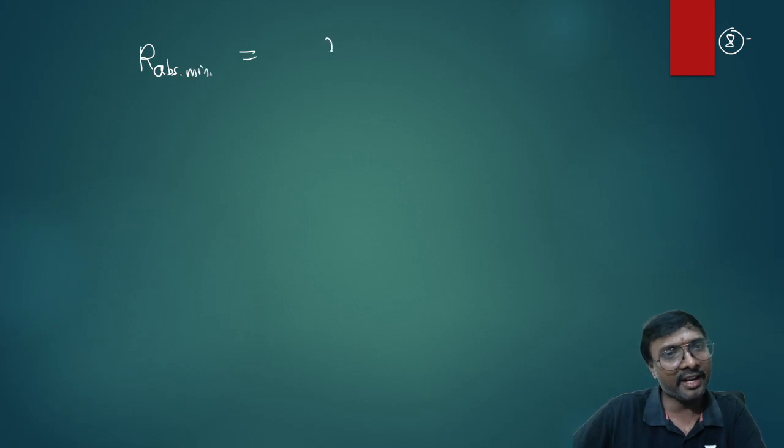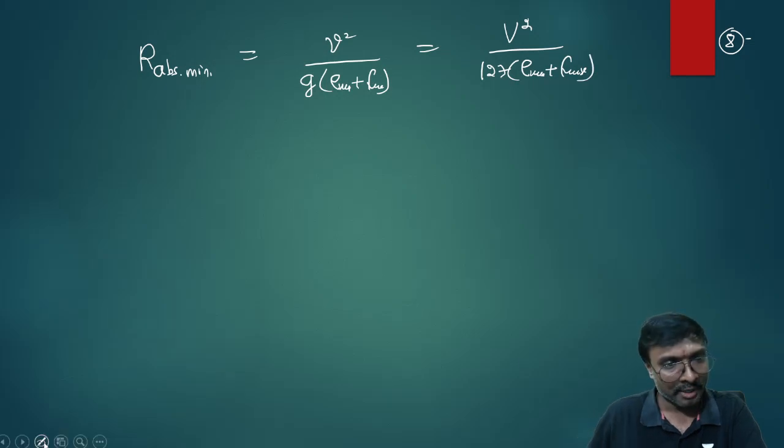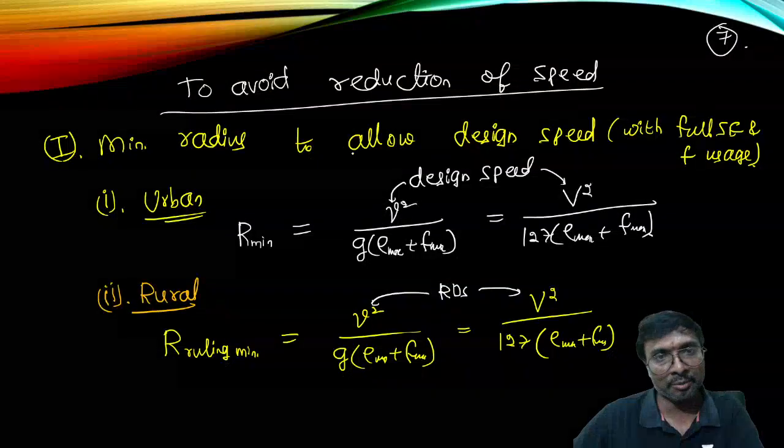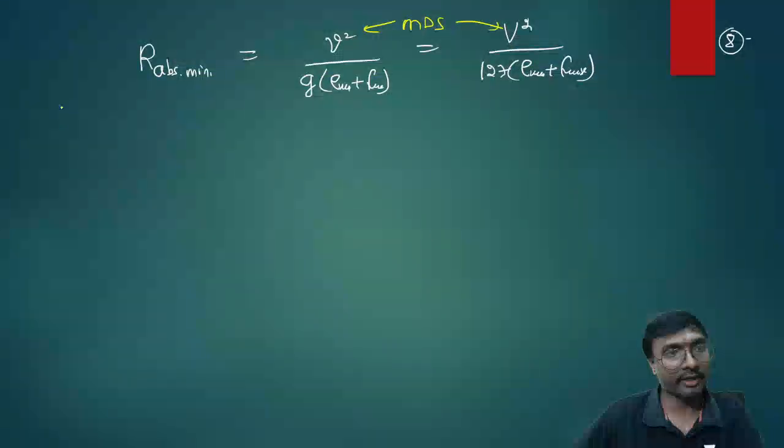Same equation only: small v square by g into E max plus this F maximum, or capital V square by 127 into E max plus this F maximum. And this design speed is your minimum design speed. This is your minimum radius to allow the design speed with full super elevation usage.